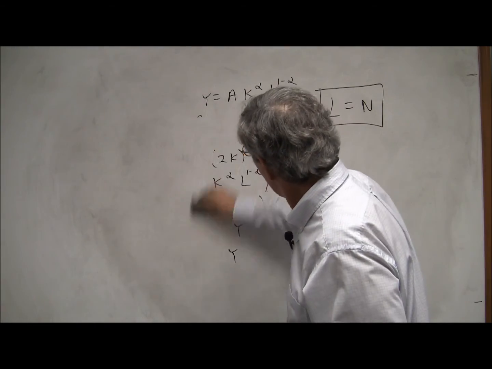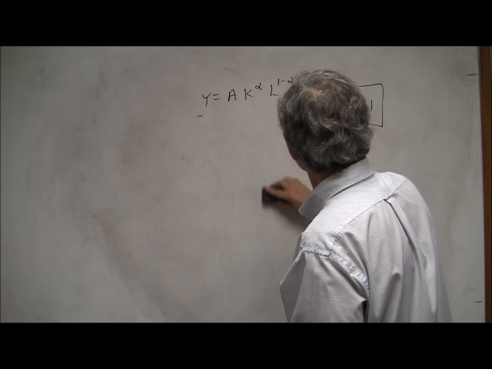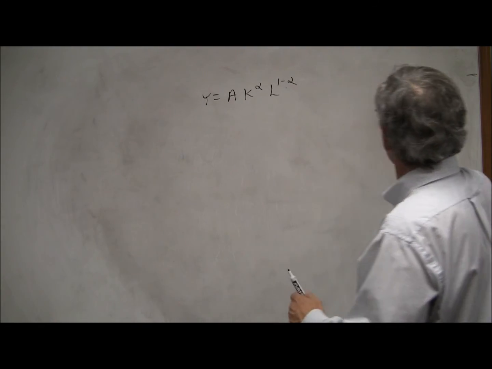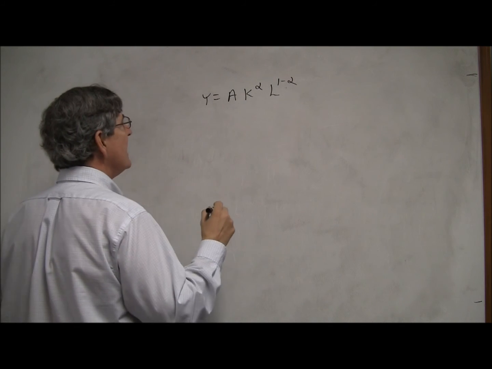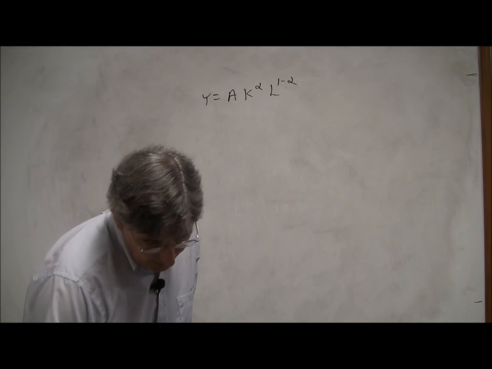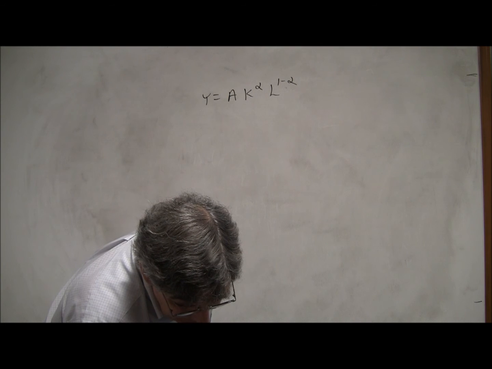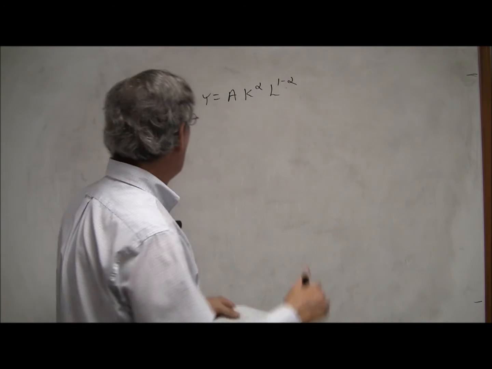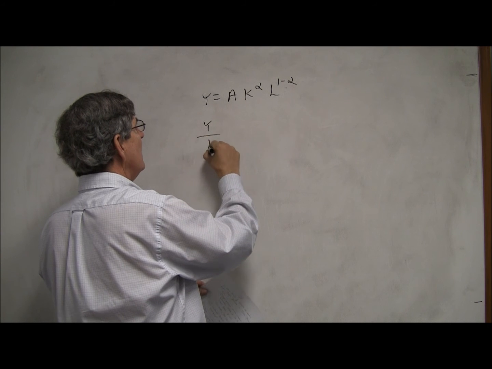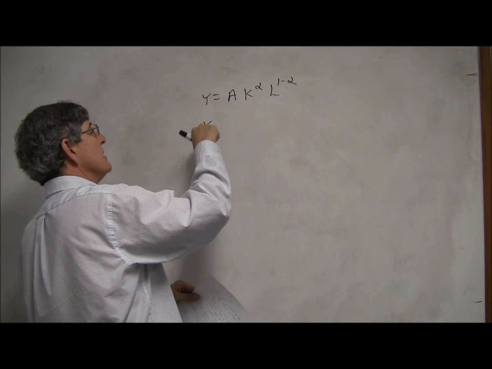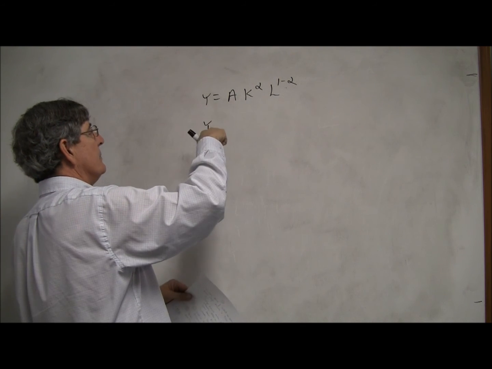Okay, because it has constant returns to scale, I ought to be able to divide through by N. So let's divide by N. So this means that Y over N, I've been using Y over N, this is still output per person.